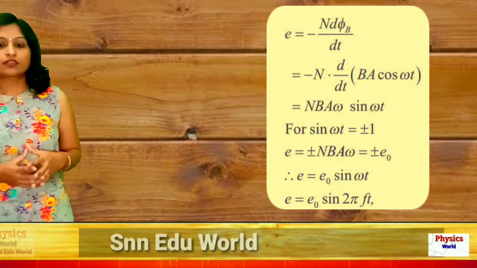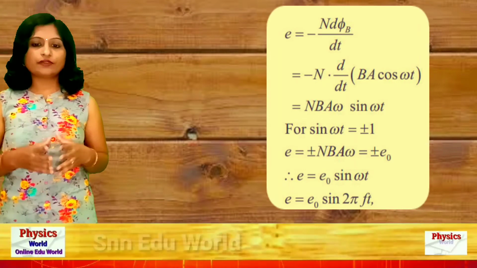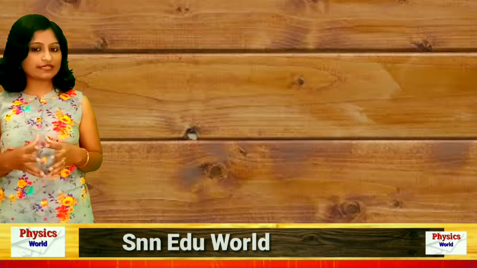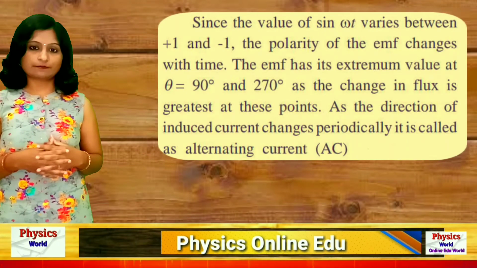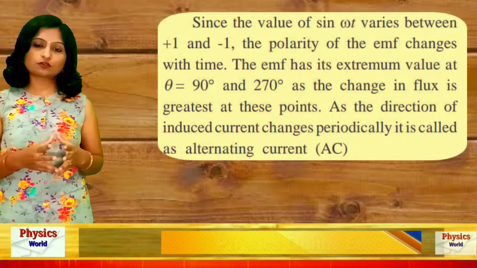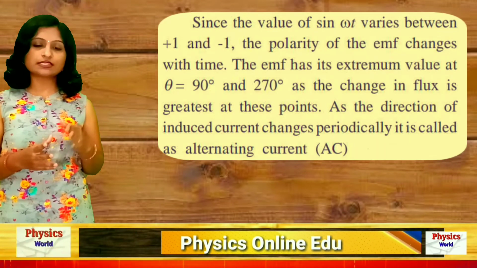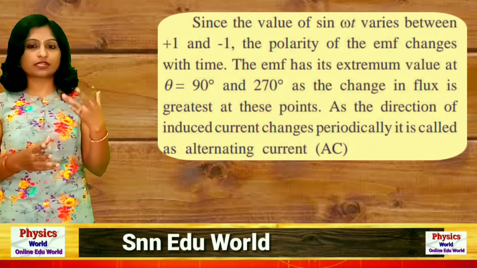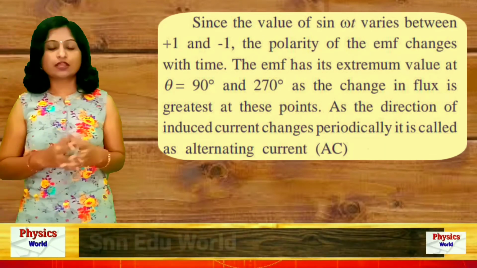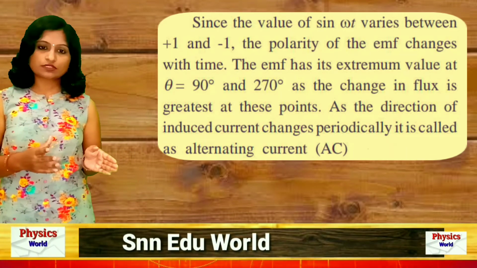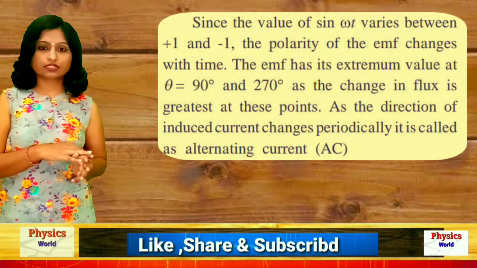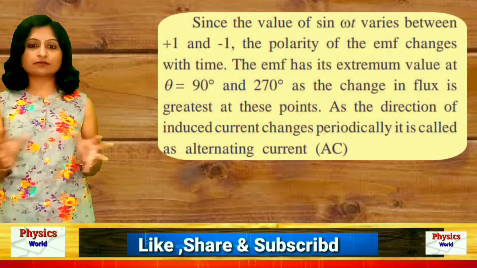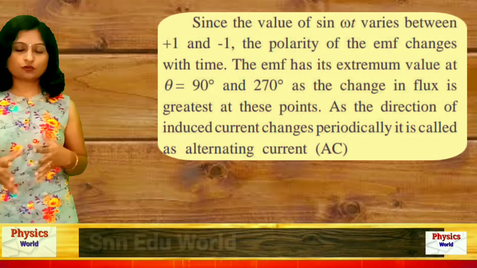Now the value of sin omega t varies from +1 to -1. So polarity of EMF changes with time. EMF will also change with time, means sometimes it is lower, sometimes it is maximum. साइन ची value +1 पासून start होते, 0 येते, नंतर -1 येते, परत 0 येते, परत +1 येते. म्हणजे +1 आणि -1 च्या मध्येच हे fluctuate होत राहते.